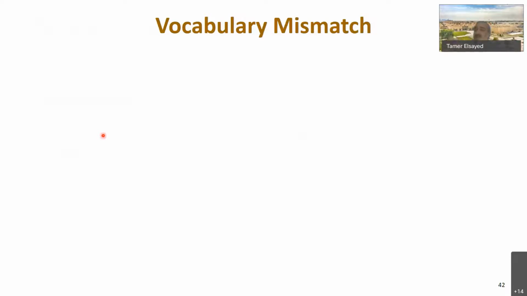I think you heard this terminology before, right? What do you mean by vocabulary mismatch? This word of the query term was not found in the vocabulary, or it's not included in the entire collection. You are close, but here we are not talking about the query and the collection. We are talking about the query and the document.